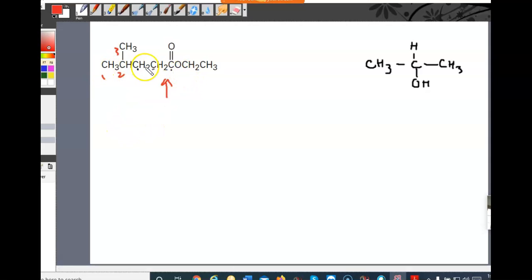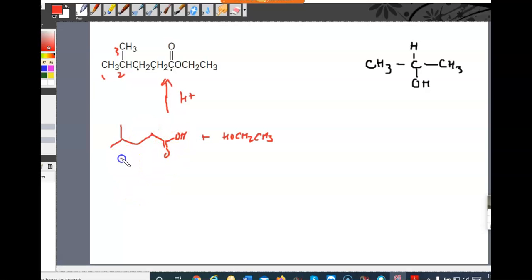So let's see, 1, 2, 3, 4, 5. That carboxylic acid plus that alcohol in the presence of acid. So I'm doing the Fischer esterification right here. Okay.